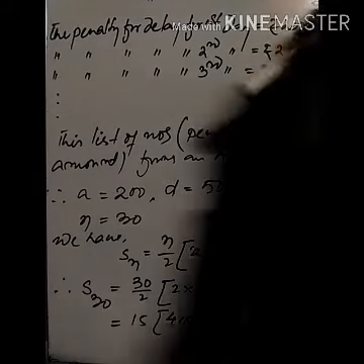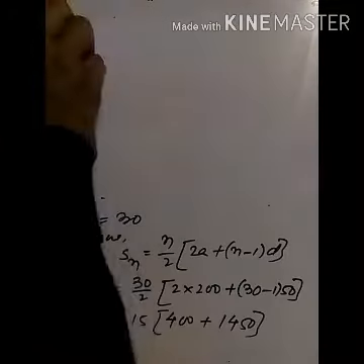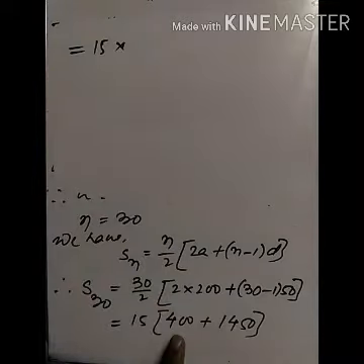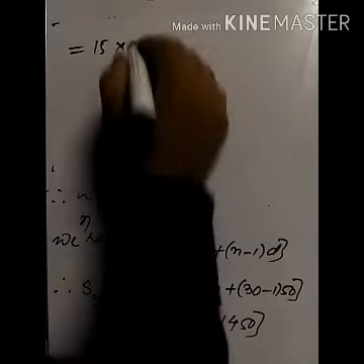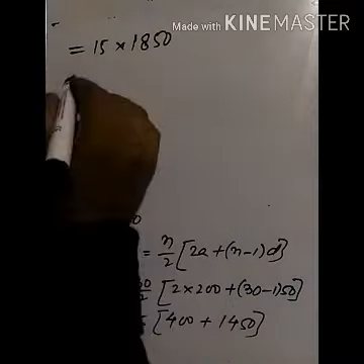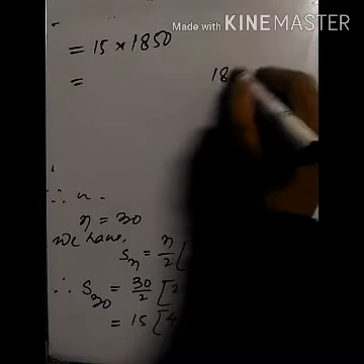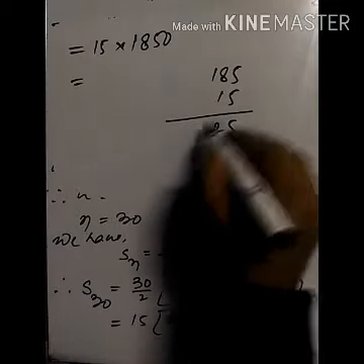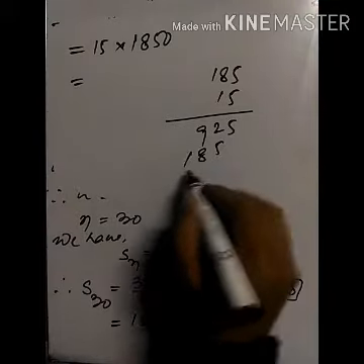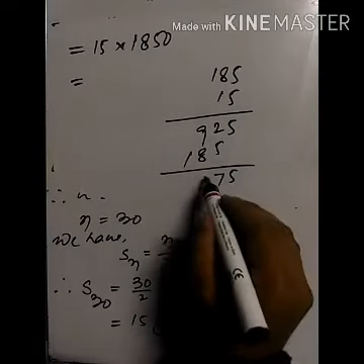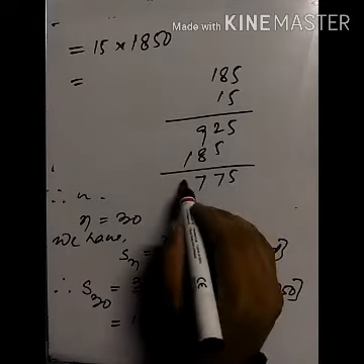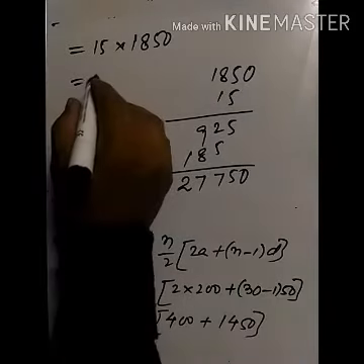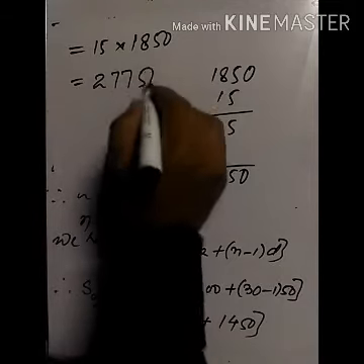So this is equal to 15 into (400 plus 1450), which will be 1850. So 1850 times 15 equals 27,750.